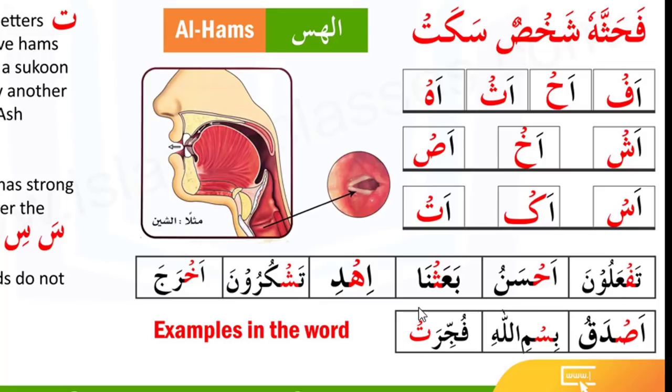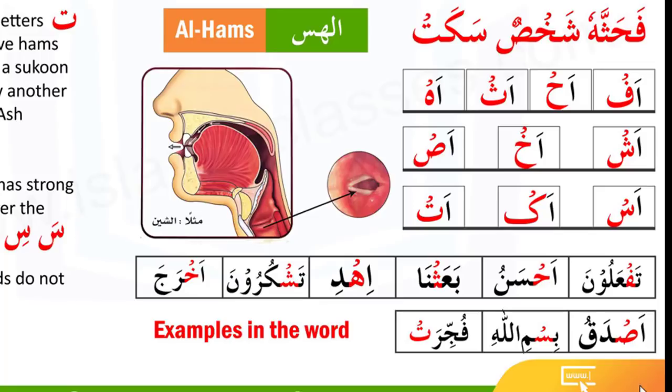in these two letters, kaf and ta, when we apply al-hams quality, there is still another quality in these two letters, which is called ashidda. So we apply shidda first and then we apply al-hams quality. As we say at, that is shidda quality, and we say k, that is hams.